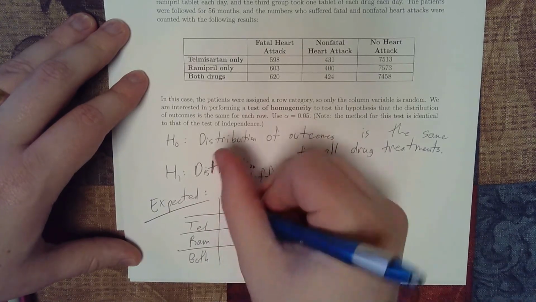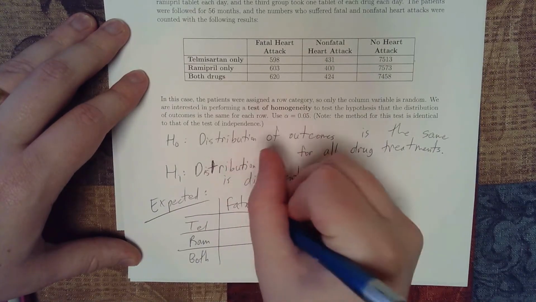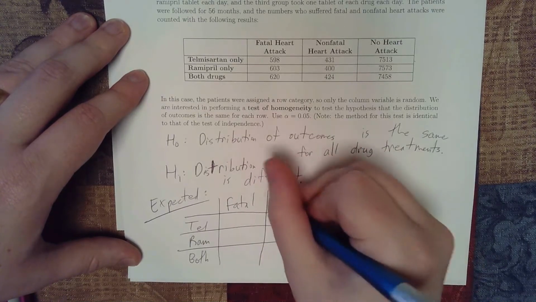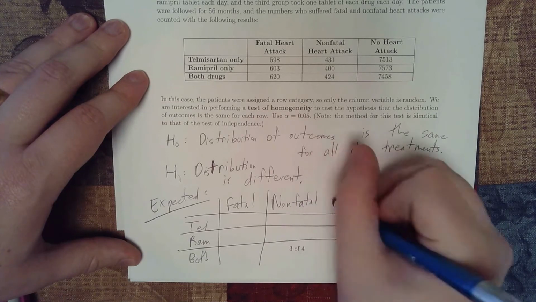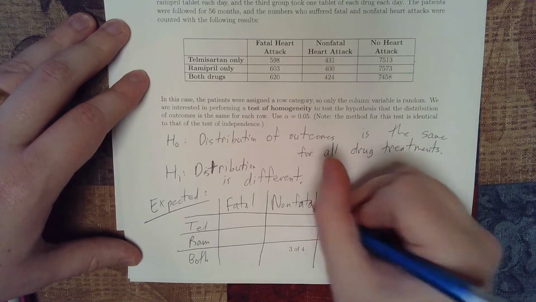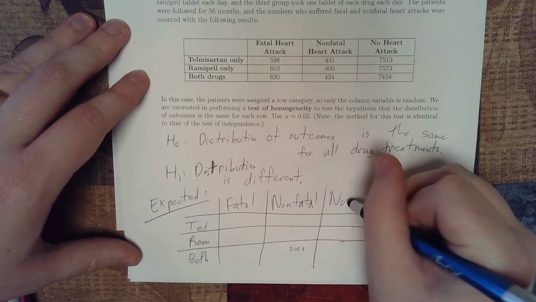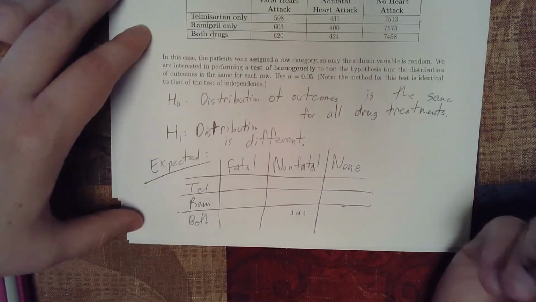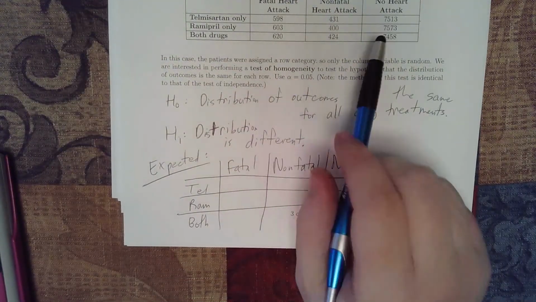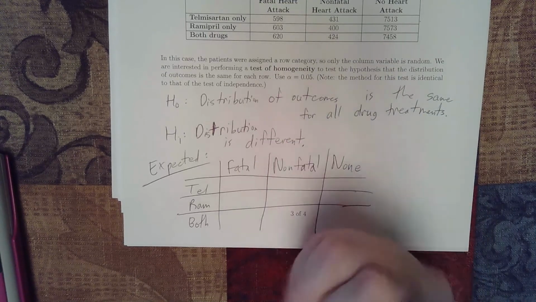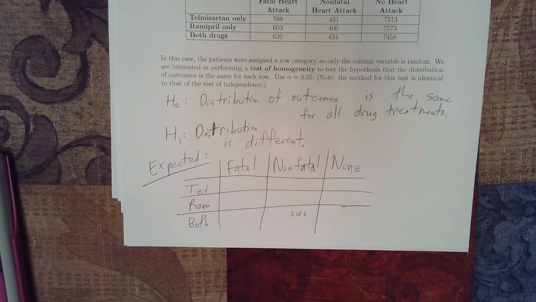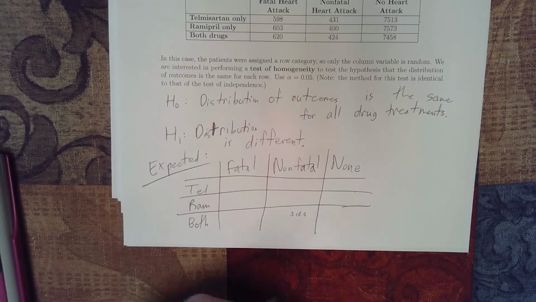We've got our fatal versus non-fatal versus no heart attack. And so what we can do is figure out what our totals are and multiply the row total times the column total and divide by the grand total as we did before.